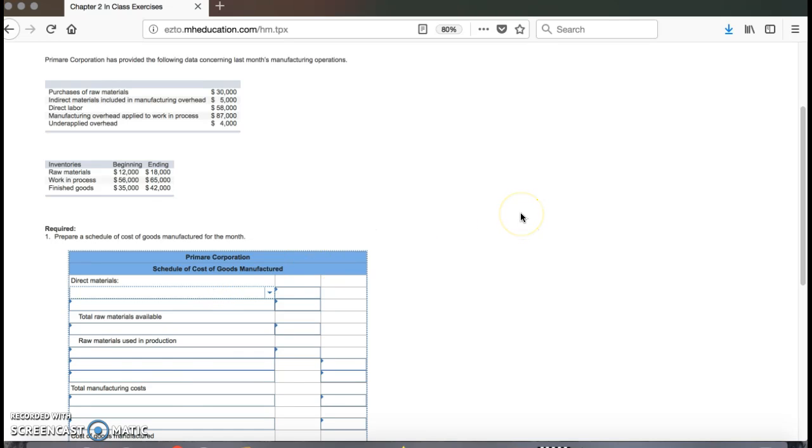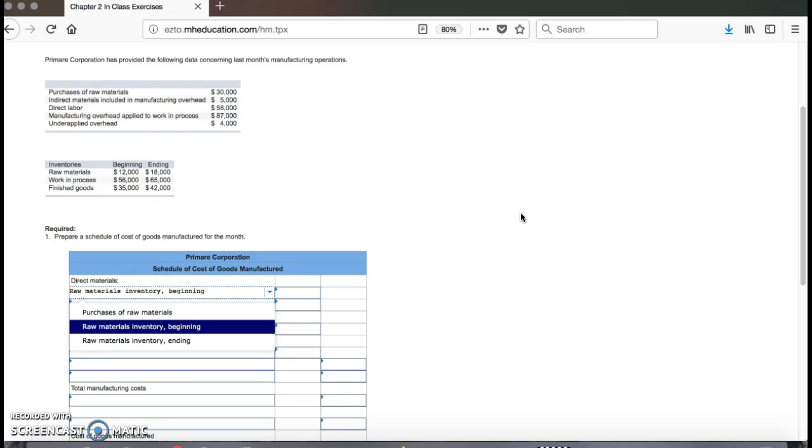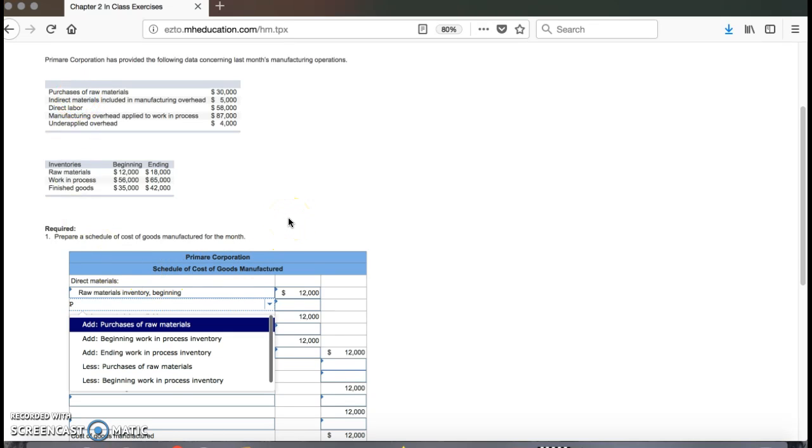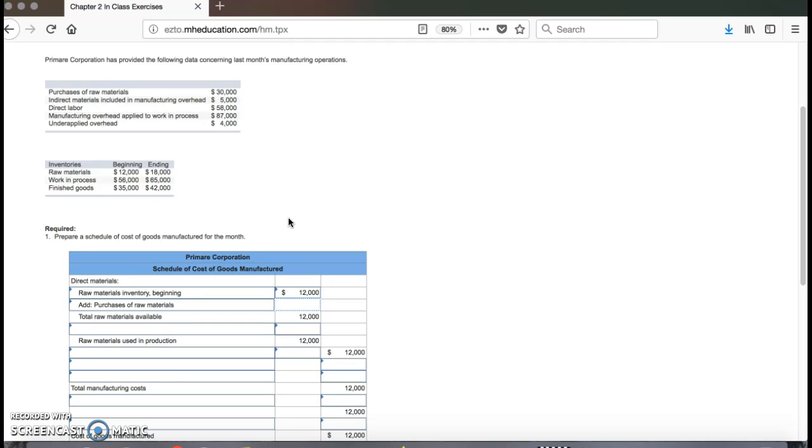We are going to start with our raw materials inventory, beginning balance. So we see it here, beginning balance, 12,000. Okay, what's the next thing we're going to have? We're going to add our purchases of raw materials for 30,000.